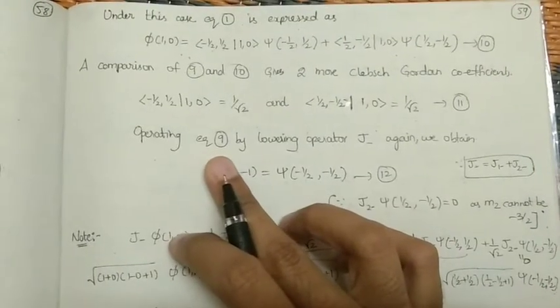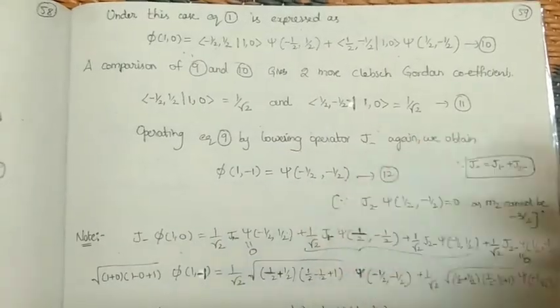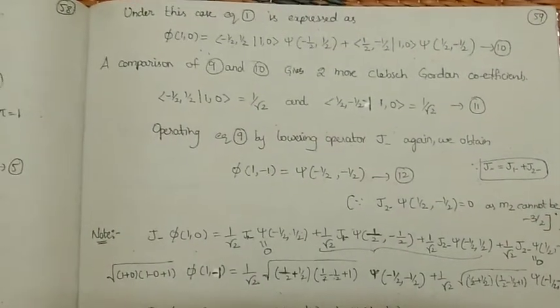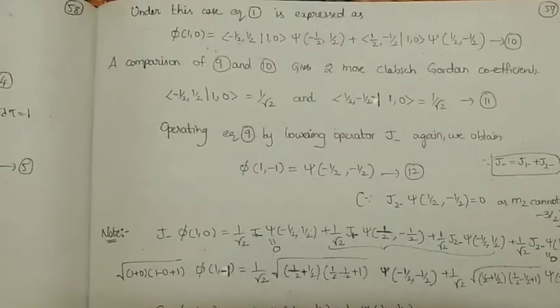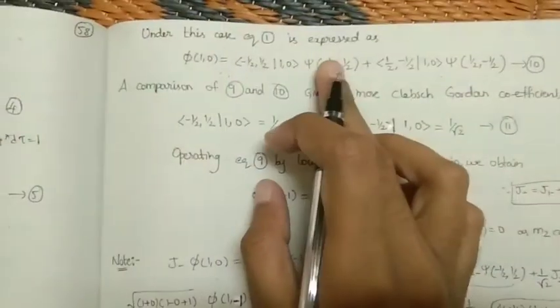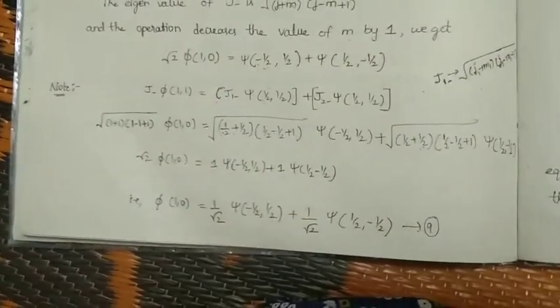Operating equation 9 with the lowering operator j minus again, we obtain the following. We need to continue the same thing: we take equation 9 and operate by j minus on both sides. The calculation is a little bit complex.